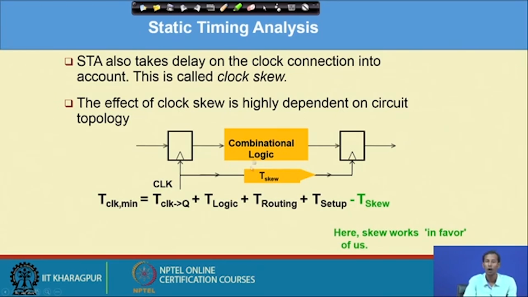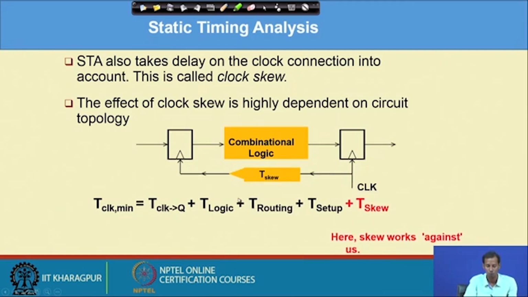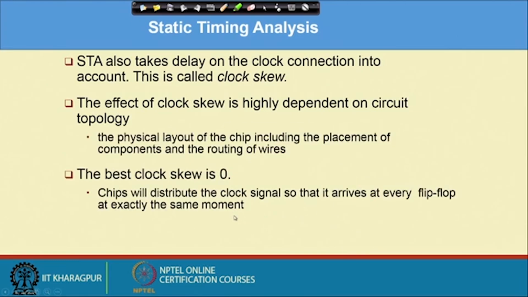That means what topology you have used for the circuit representation is an important factor here for this Q. If I supply this clock in the opposite direction of the data, at that time clock skew will be added to this corresponding equation. Okay. So, here you see skew works against us.